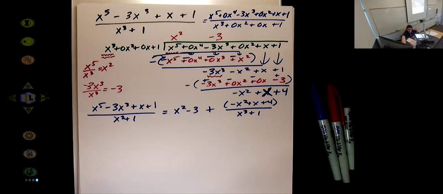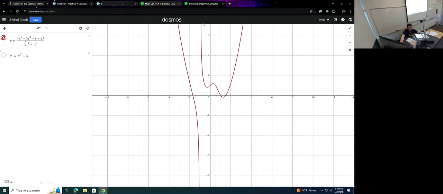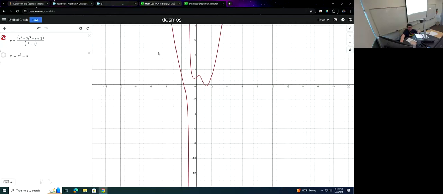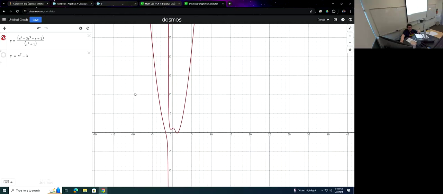Okay, so the function we started with was this one, and I have it right here as the red graph. So this is what it looks like, red graph. We have an asymptote here, it looks like -1, because if I stick in -1, I get a 0. We'll talk about asymptotes today.